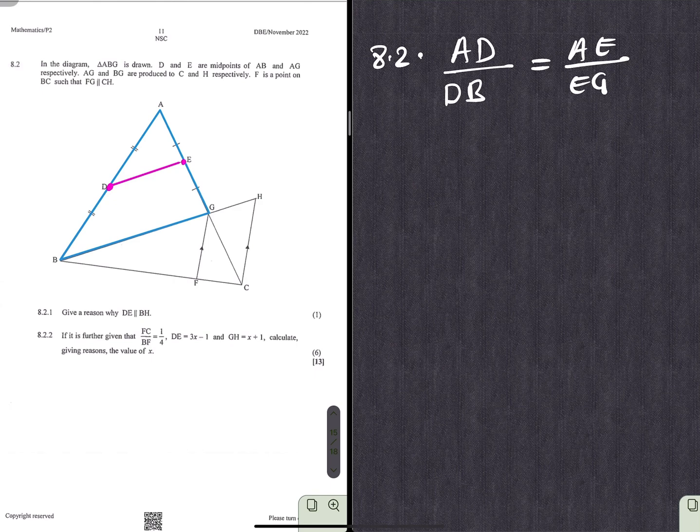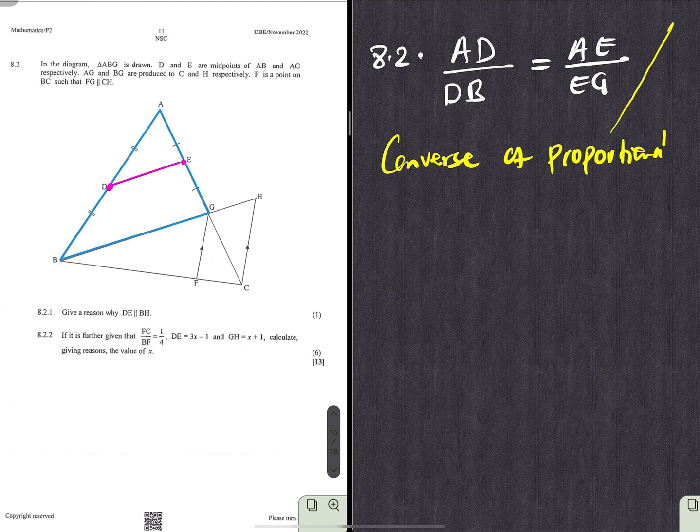Or if you don't want to give this reason, the other alternative is to say that this is the converse of the proportionality theorem.